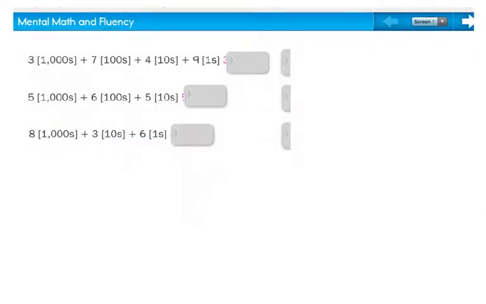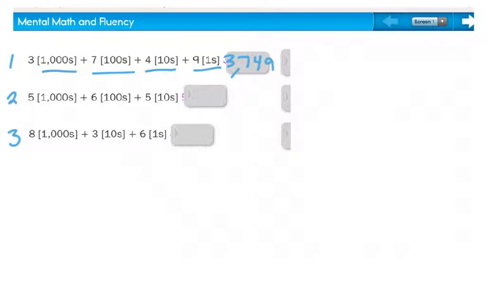Now, in number 3, our third one, we're going to go ahead and take the expanded form of each number and write it in standard form. So 3 in the thousands place, 7 in the hundreds, 4 in the tens, 9 in the ones, in standard form is 3,749. Would you please write the standard form for number 2 and number 3?